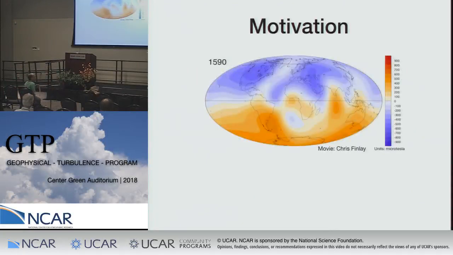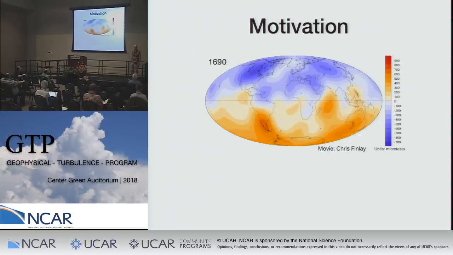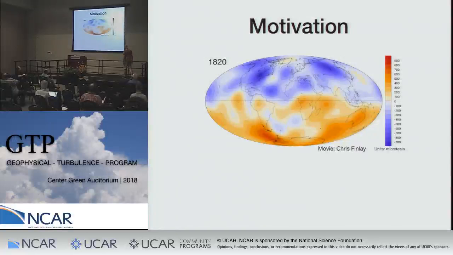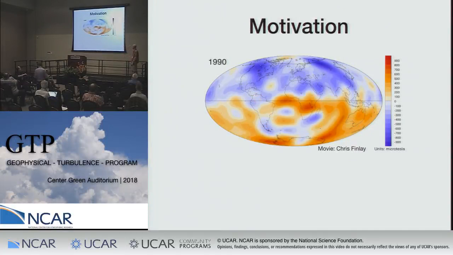So why do we care about rapidly rotating MHD? This is a movie showing the radial component of the Earth's magnetic field for about the past 400 years. The thing that you'll notice is that it's moving around a lot. It's dynamic.